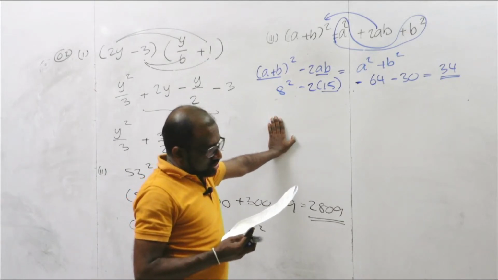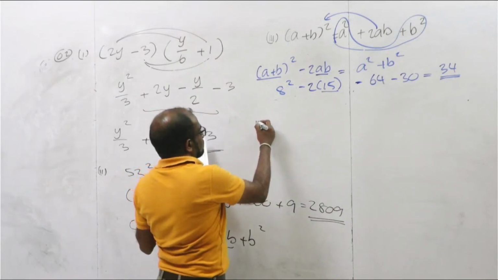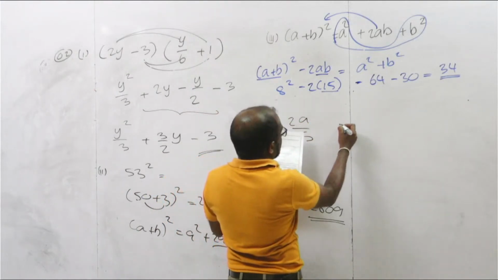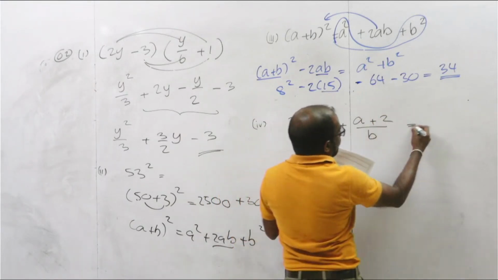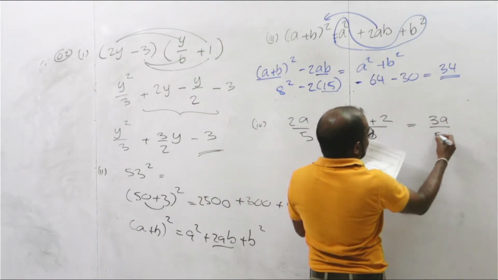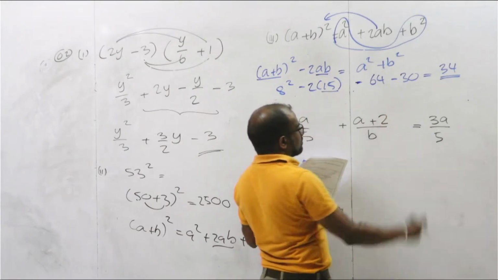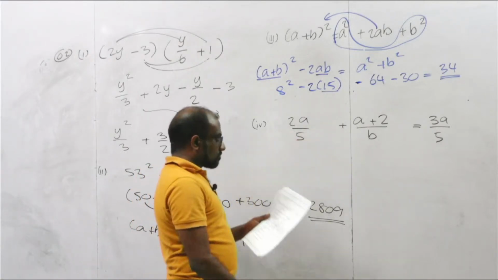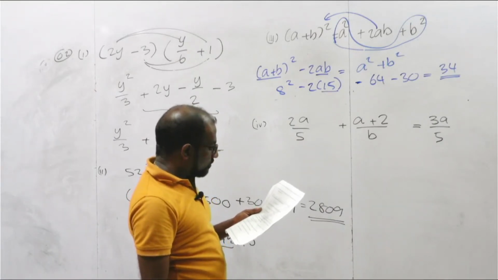Then fourth question, you are given a simple equation to solve. 2a over 5 plus a plus 2 over b equals 3a over 5, right?